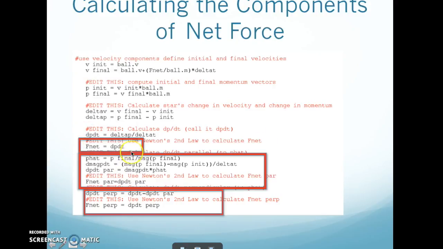Here you can see that F net equals the change in momentum over time. The F net parallel is equal to the change in momentum over time parallel, which is calculated here, and the F net perpendicular is equal to the change in momentum over time perpendicular, which is found by subtracting dp dt parallel from the total dp dt.